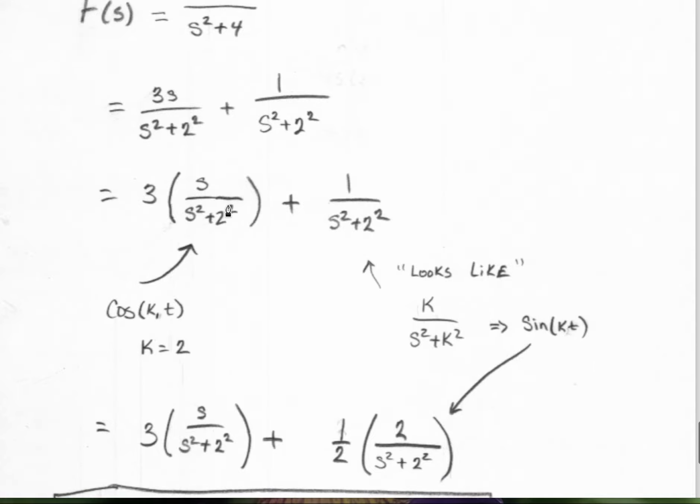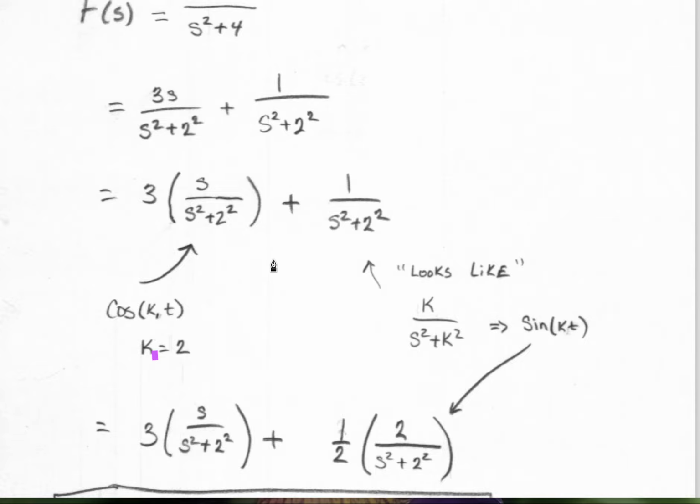And I look on my chart and I see that this is exactly cosine, and I'm calling it k1 here for a second, with k1 equal 2, so I don't get this k confused with the other k. And so I now have 3 times cosine of 2t if I transform this part.